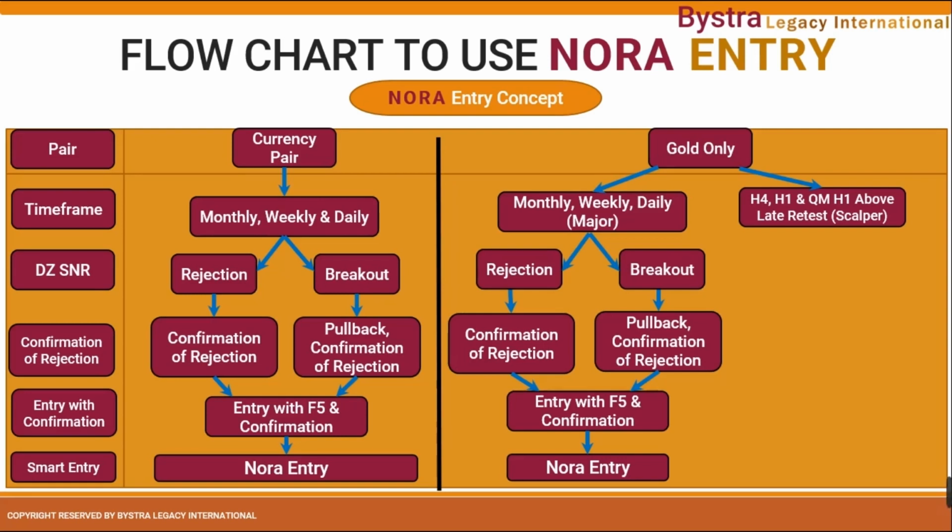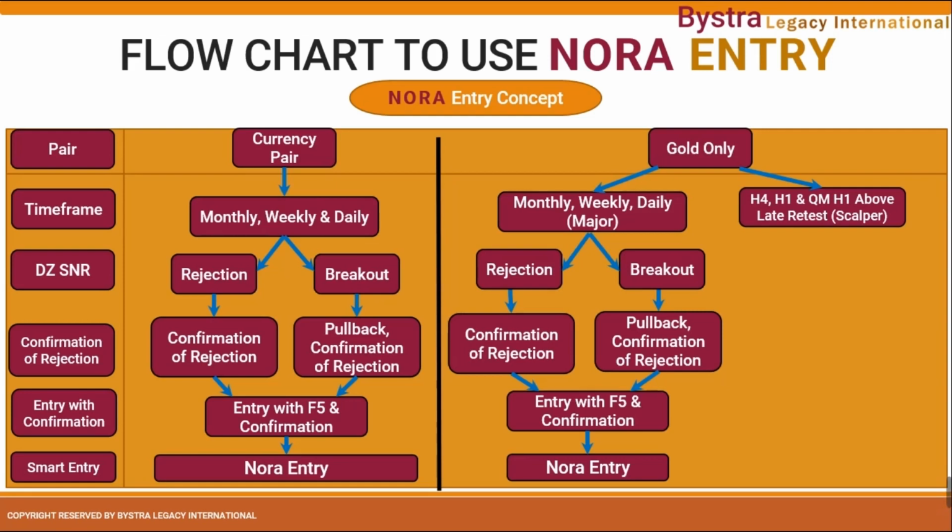So if you ask whether we require second movement, yes, you still need second movement on the H4, H1 SNR danger zone. This is only, as I said, valid during the Asian session or when there is no major news for gold. However, for the QM H1 or H4 time frame, for the lead retest, this one doesn't require the second movement.